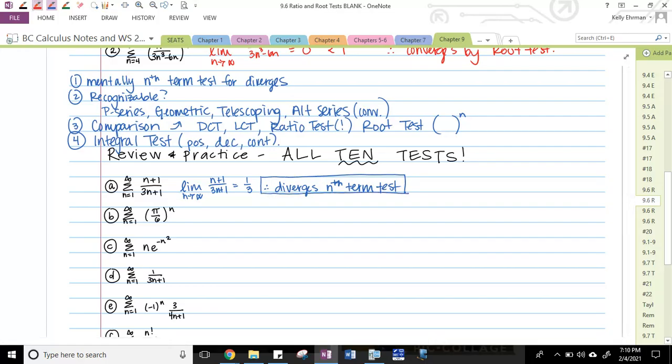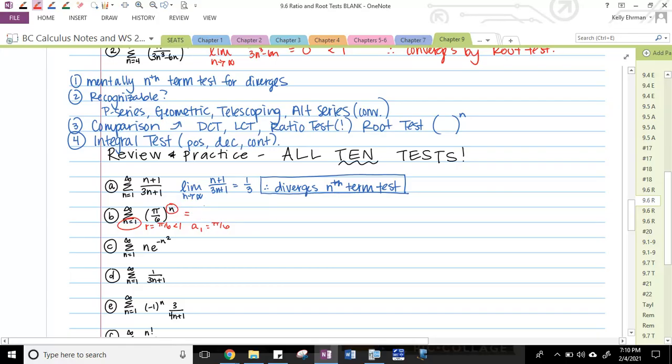All right, up next. A nice simple little constant to the n power. That looks geometric to me. R is pi over 6, definitely less than 1. We need to review this from our quiz. We are not starting at the 0 term. We are starting at the a sub 1 term. So not only do I know that this one converges, but I can tell you what it converges to.